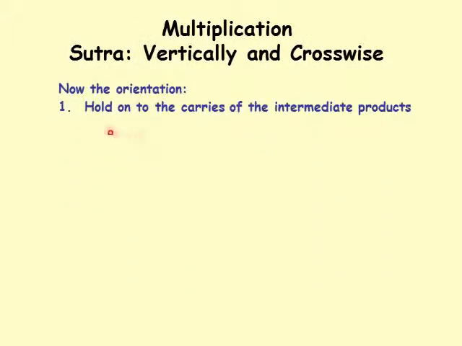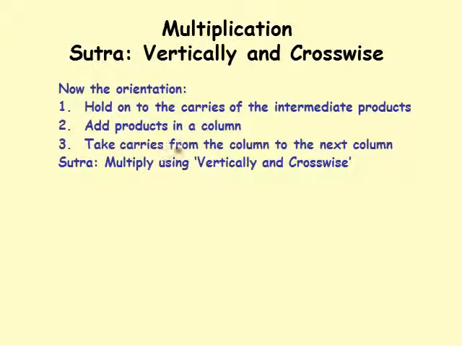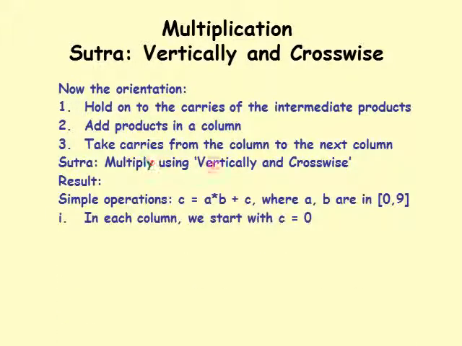Let's look at the twist, what we're talking about. In the twist, we did hold on to carries of the intermediate products. Add products in a column. So we hold on to carries and do the addition a column at a time. Take carries from column to the next column. The sutra was multiply vertically and crosswise. The operation is C equals A times B plus C. That's the operation we have been doing.